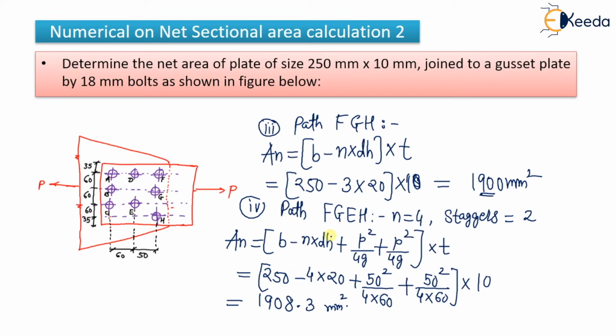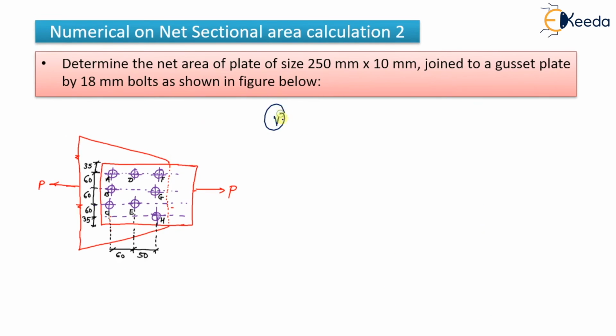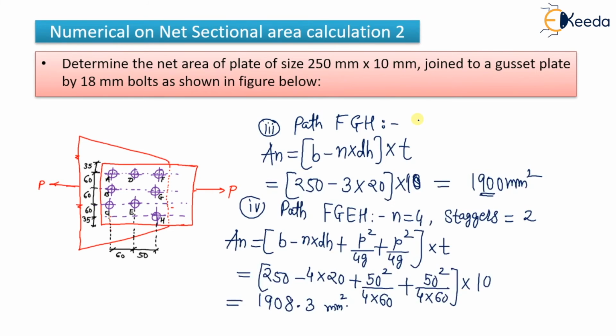Now we have calculated all the paths actually. You can ignore FGE, DGH and DEH, but I will calculate them because you can have the practice. First I'll calculate path FGE. You can check whether it has staggers or not.